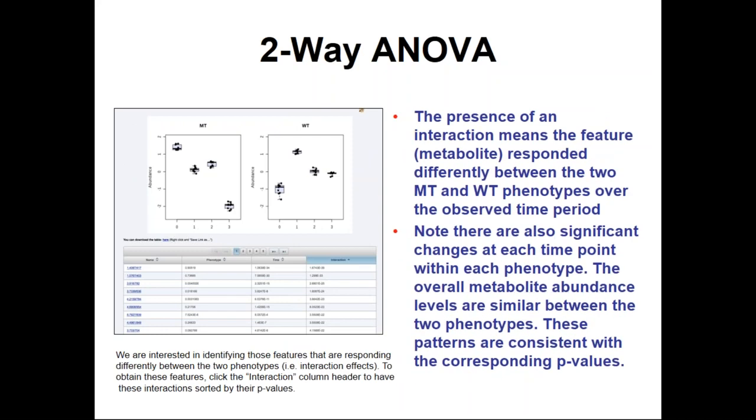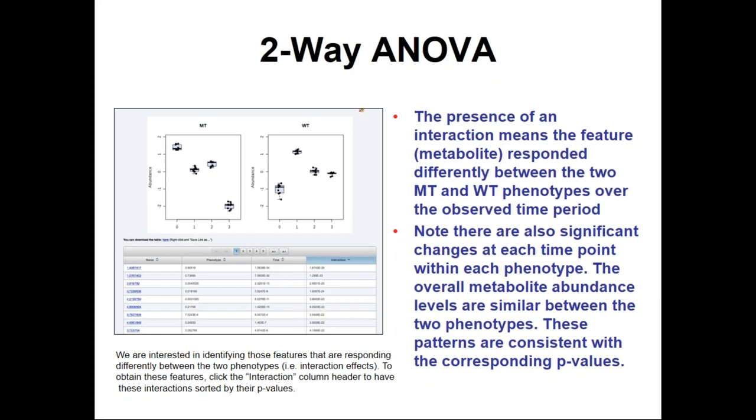We can look at individual metabolites, or in this case these are features because we haven't identified them, and we can look between the mutant at these 4 different time points, and the wild type at these 4 different time points. So the compounds don't have names like 3-phenylpropionic acid or glucose, they just have numbers in this case. But we can sort by phenotype, by time, or by interaction, the p-value, and we can scale and look for the highest and lowest values.